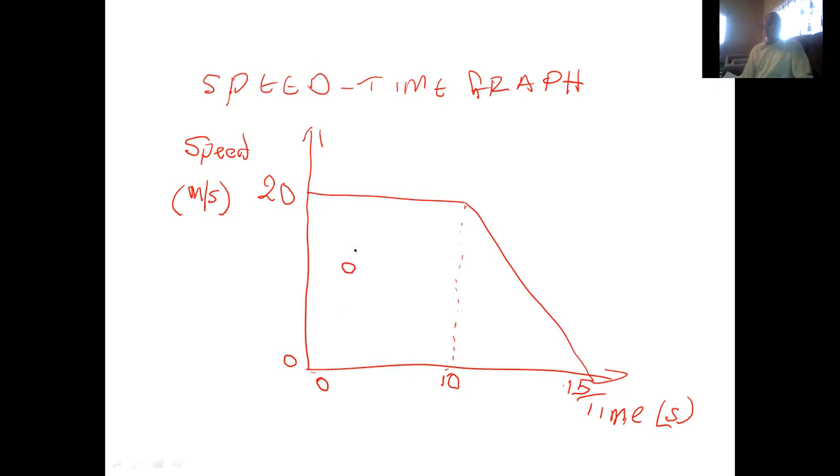So we're going to have distance 1, which is under the graph for this rectangle, and distance 2 under the graph for a triangle. And so distance 1 is equal to the area under the graph.